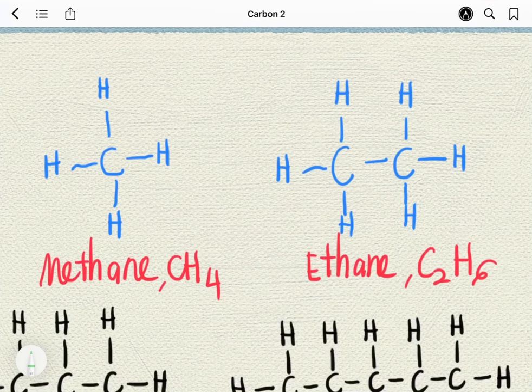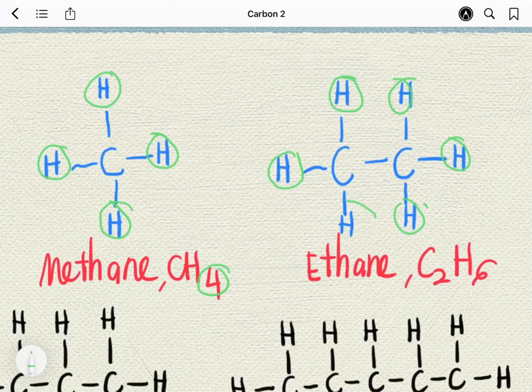Last step, we will count the number of hydrogen on each molecule to see whether it matches the molecular formula. 1, 2, 3, 4. So 4 hydrogen matches the formula CH4. 1, 2, 3, 4, 5, 6.